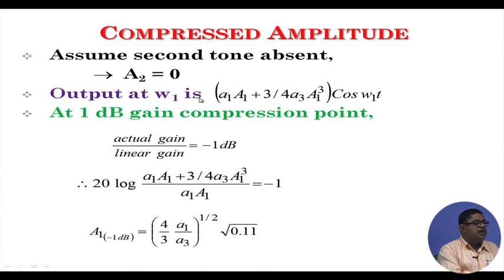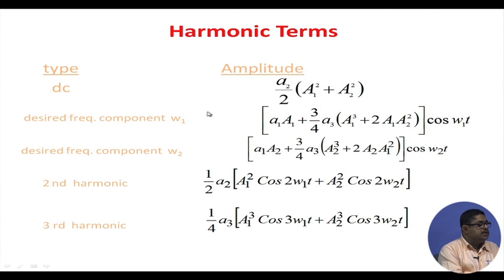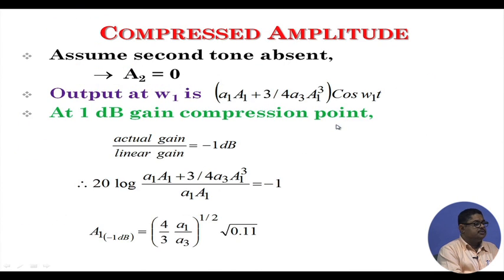So, output at omega 1, if you look, you see the output at omega 1 will be this, you see this part is absent, but this is there, this is coming from that third order nonlinearity. So, what will be the output of this? A1, capital A1, plus 3/4 small a3 capital A1 cube. So, that is what I am saying, output at omega 1 is this.